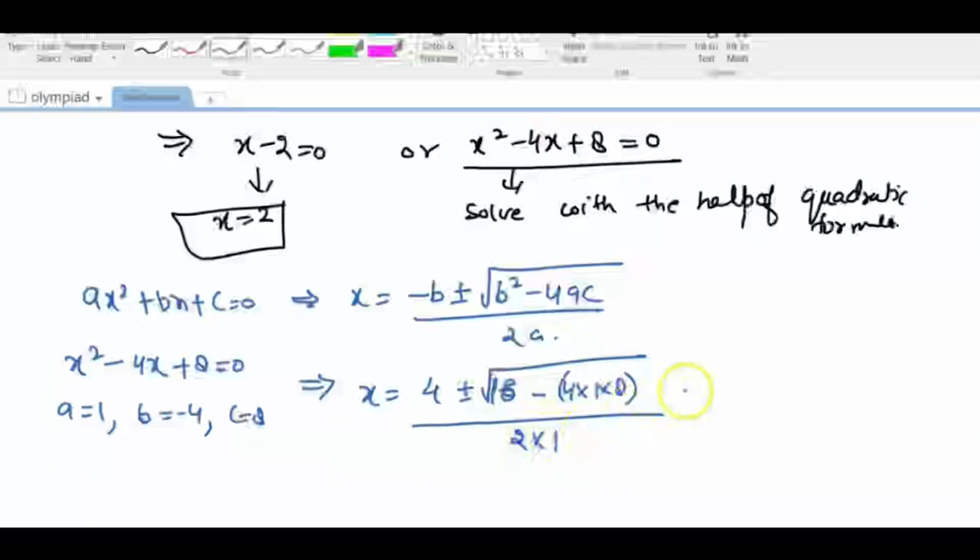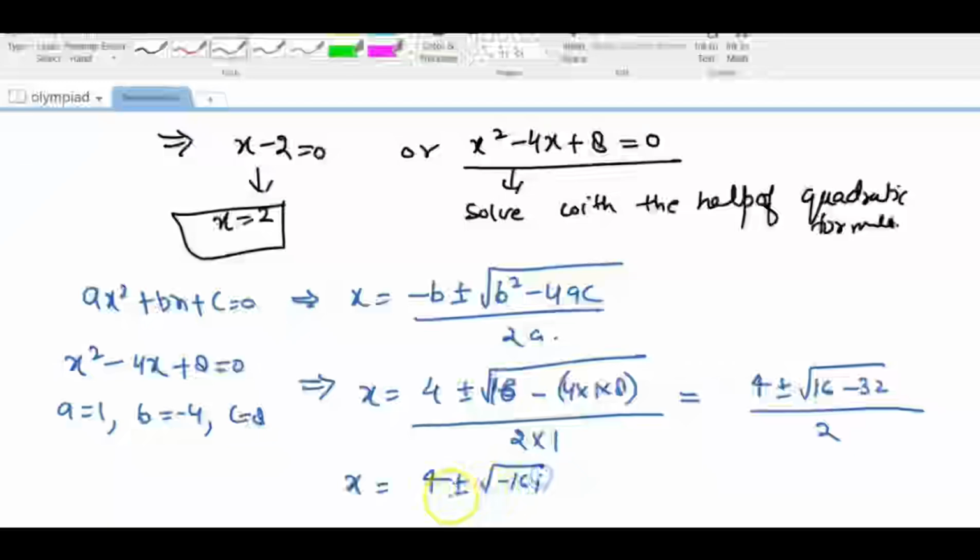So 2 into 1. And you'll get 4 plus minus square root of 16 minus 32 divided by 2. So you'll get x is equal to 4 plus minus 16i divided by 2. So you'll get 4 plus minus 4i divided by 2, or 2 plus minus 2i.